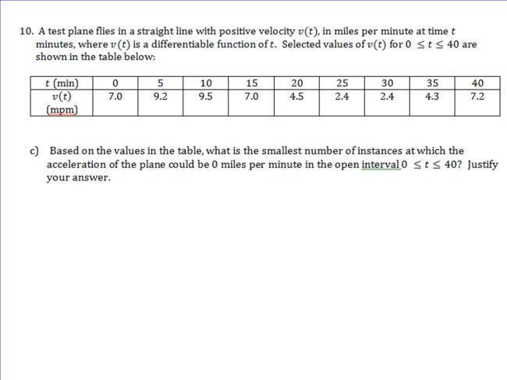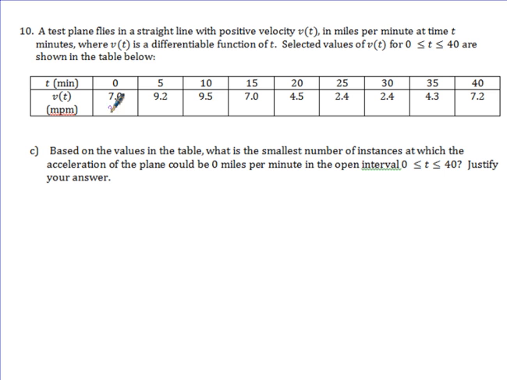Final question, based on the values in the table, what is the smallest number of instances at which the acceleration could be 0 miles per minute squared? Justify your answer. Now, when we did this in class before, we did every interval to show the sign changes, and really we don't have to do every interval.